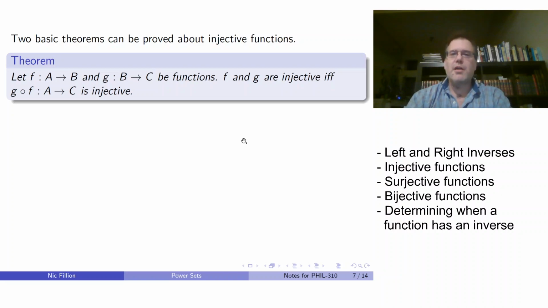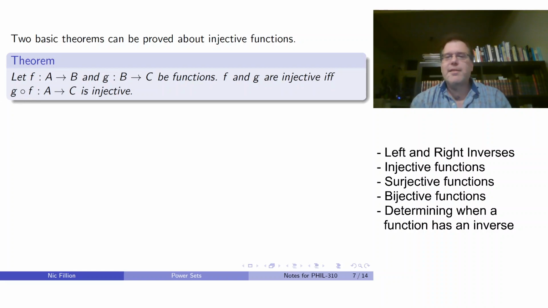The first is just a preamble to the important theorem. It says, suppose f is a function from A to B and g is a function from B to C. Then we can form the composite function applying g after applying f, so g ∘ f. And that says that f and g are injective if and only if the composite is.